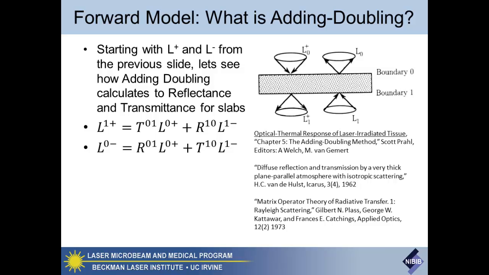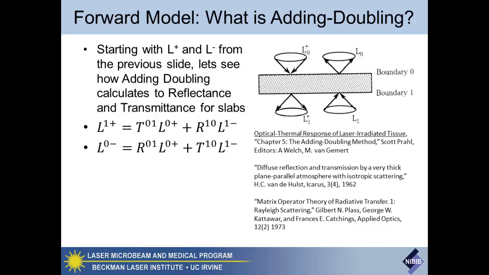So basically, in the end, for a single slab, this L1 in the positive direction would be your total transmittance, and your radiance in the negative direction at the top of the surface would be your total reflectance.